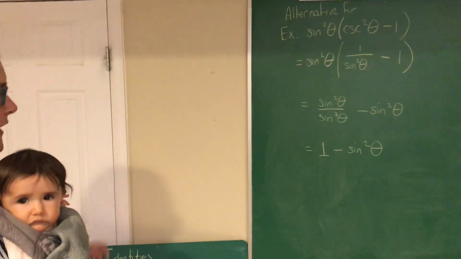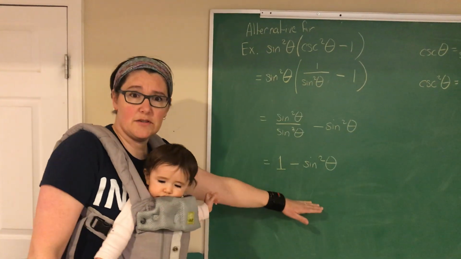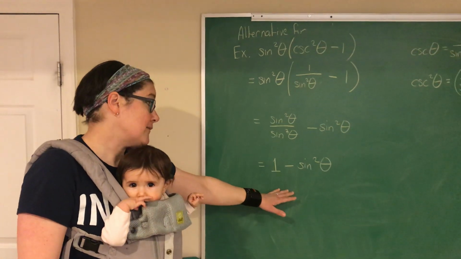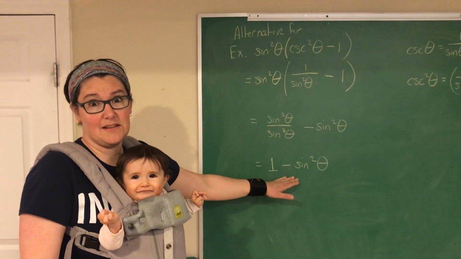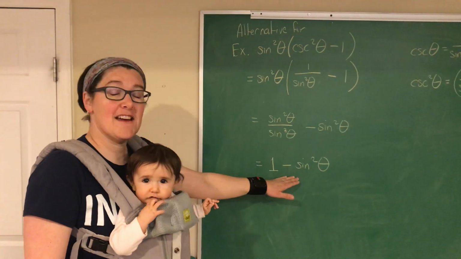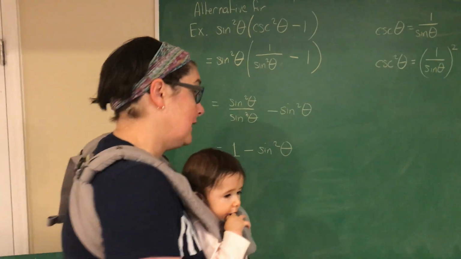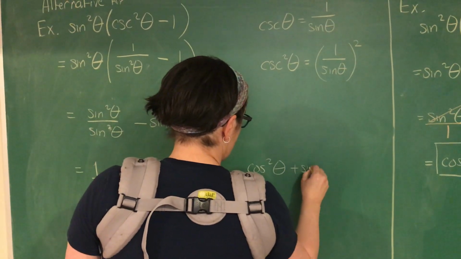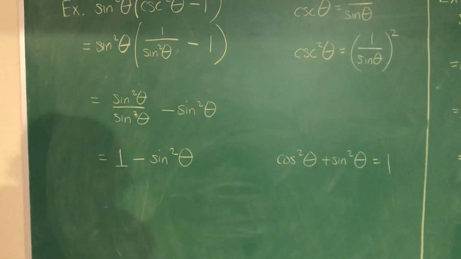I want to pause here because at this point I've rewritten this initial expression. It's already in terms of sine. There are no fancier trig functions going on. So I have to ask myself, does this expression right here look like anything that I know? And the answer is, it sure does. It's got a sine squared, it's got a 1. It kind of reminds me of cosine squared theta plus sine squared theta equals 1, the best trig identity in the entire world.